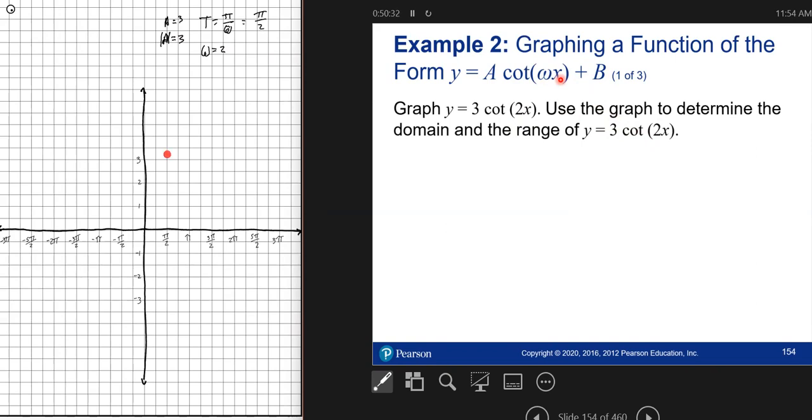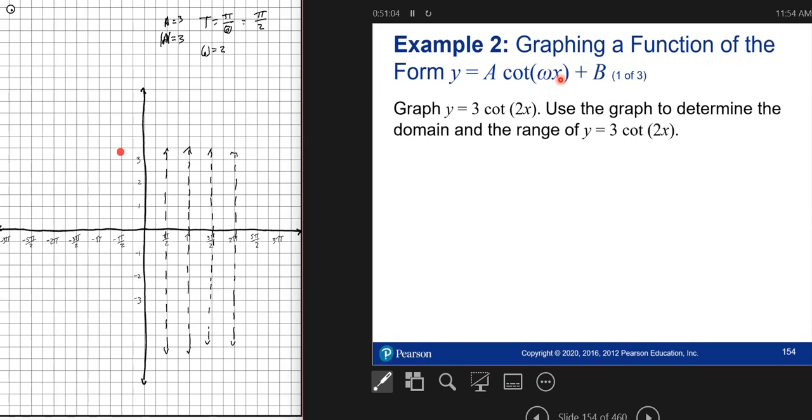So now my vertical asymptotes are at the odd multiples. Is it the odd multiples? No, it's the multiples of pi over 2. Which is pi over 2, pi, 3 pi over 2, 2 pi, and then it keeps going in the positive direction that way.